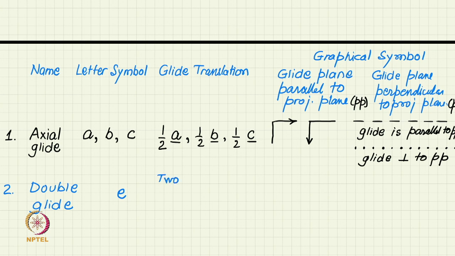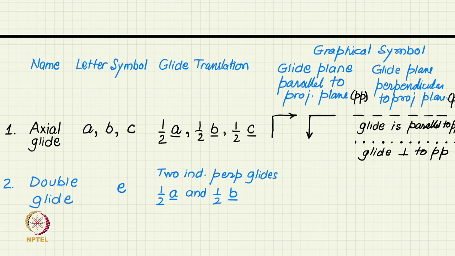So, two independent and perpendicular glides will be there. For example, it can be half a and half b. So, both the directions glide can happen. The plane is the same, but the glide is happening in both the directions.